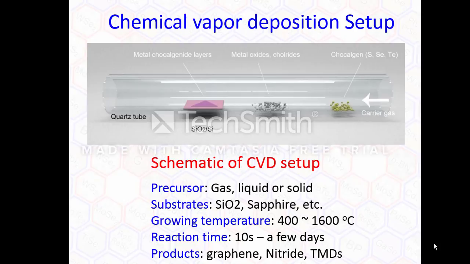But if they grow fast, you will have a big single crystal. So the second key is we have to make sure the growing rate is as fast as possible. In that case, we can grow large grain size monolayer materials. So enough nucleation and a fast growing rate, these are the two keys.